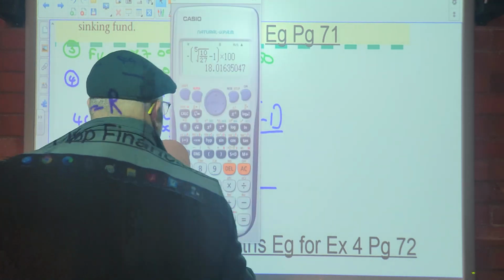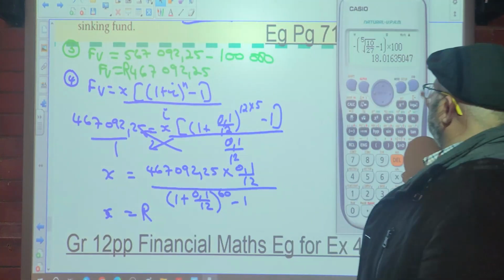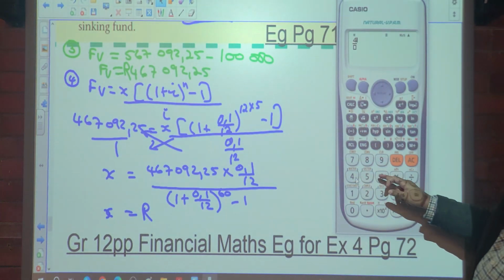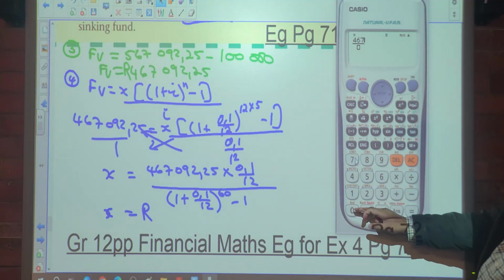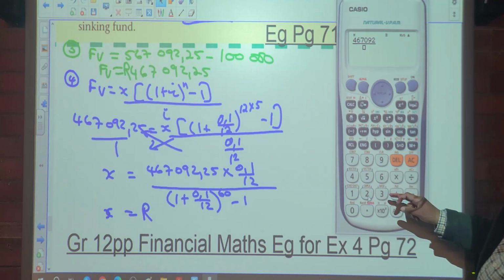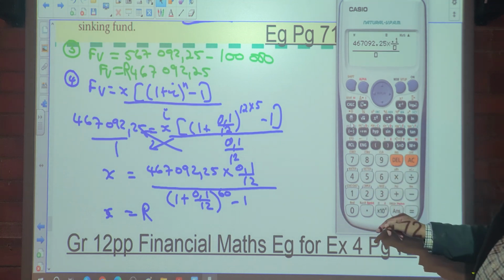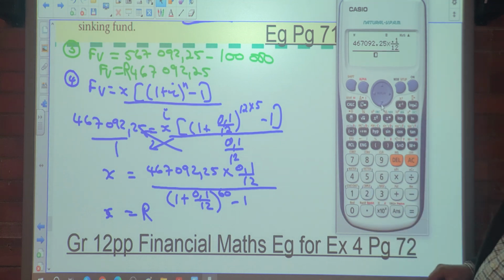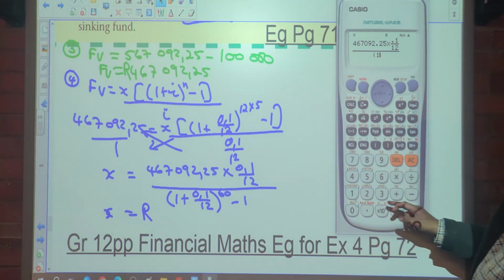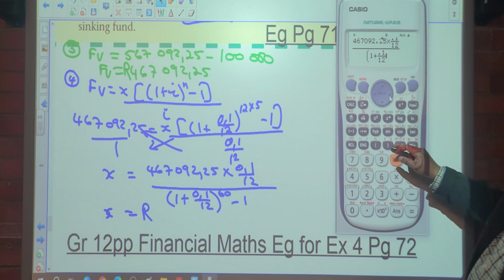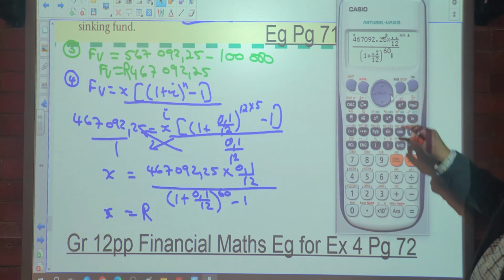We'll give a monthly installment of 467,092.25 multiplied by 0.1 over 12, over 1 plus 0.1 over 12 to the exponent 60, minus 1.